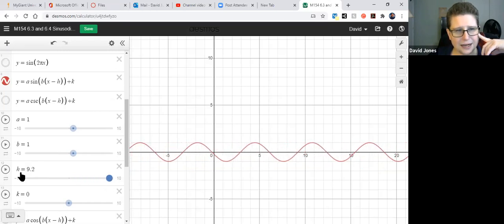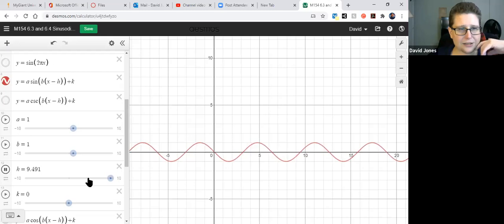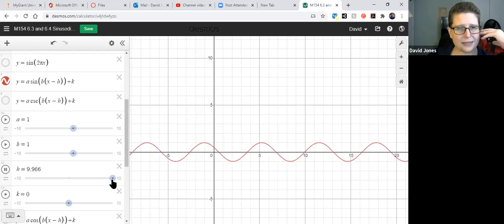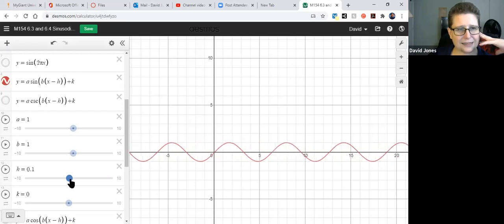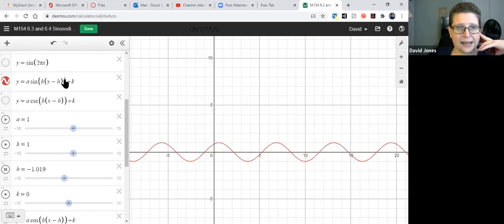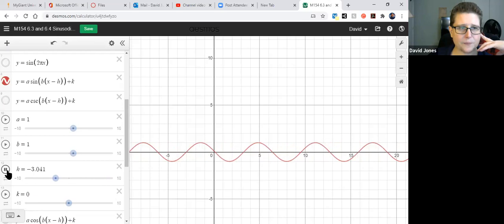Let's get that up to the top so that as it starts going down, I can show you going the other way. So as we go negative, now this is like x plus h, because the minuses cancel out, and now the graph is moving to the left. Okay.